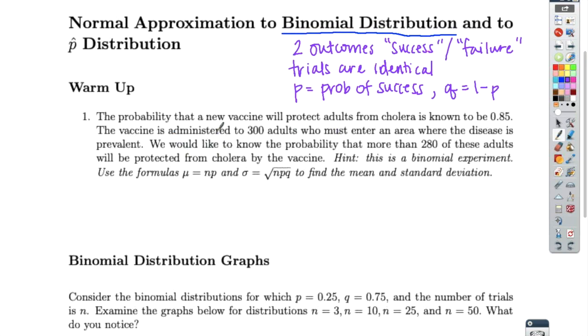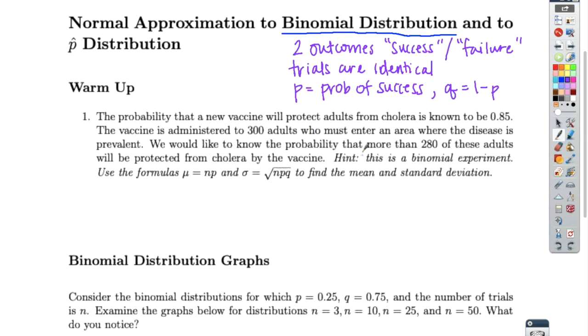The probability that a new vaccine will protect adults from cholera is known to be 0.85. The vaccine is administered to 300 adults who must enter an area where the disease is prevalent. We would like to know the probability that more than 280 of these adults will be protected from cholera by the vaccine.